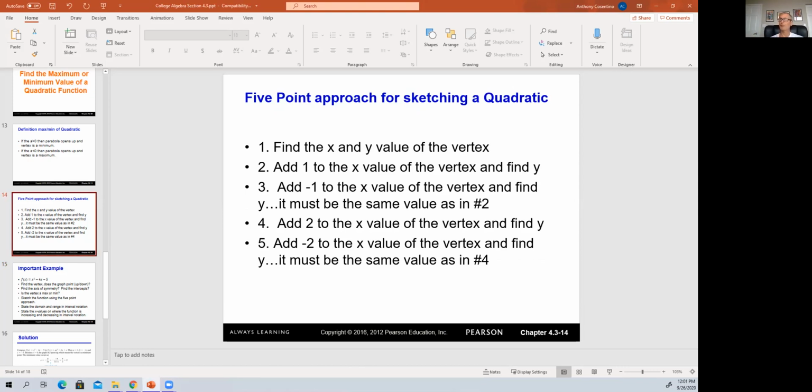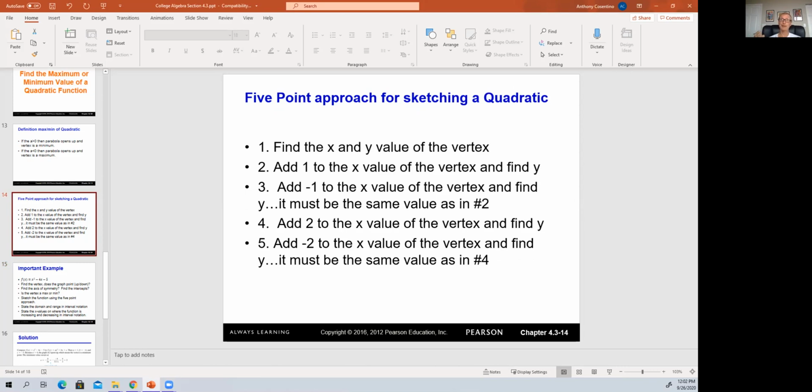And the 5-point approach is you first need to find the vertex. And then because of the symmetry of the axis of symmetry, if you move 1 point to the right and 1 point to the left of the vertex, you're going to get the same y value. And since we know that the vertex is right there at the axis of symmetry, you can get a really good sketch with 5 points.